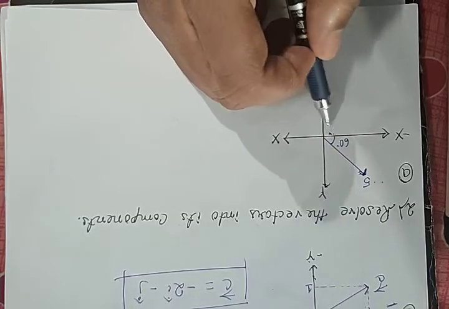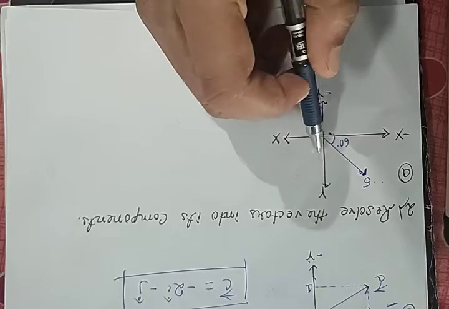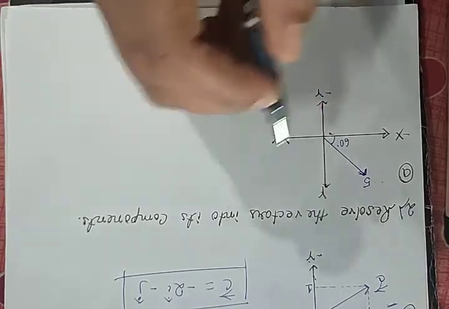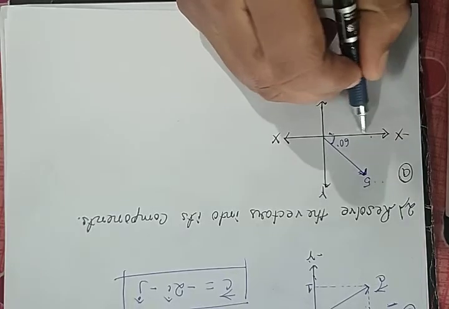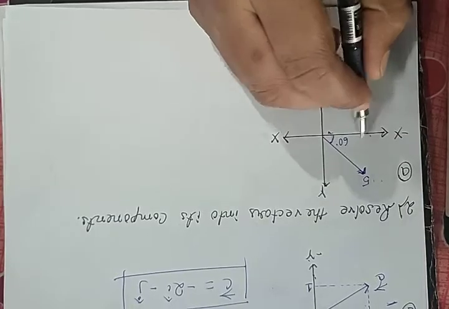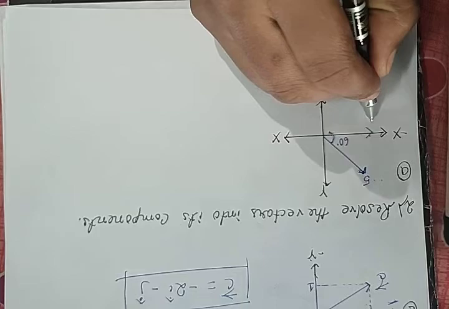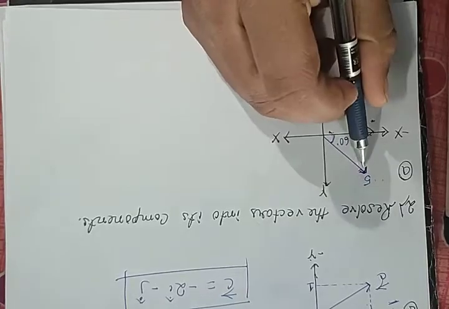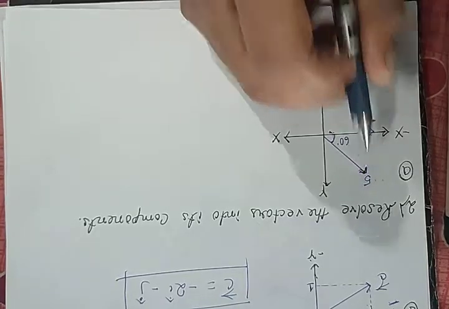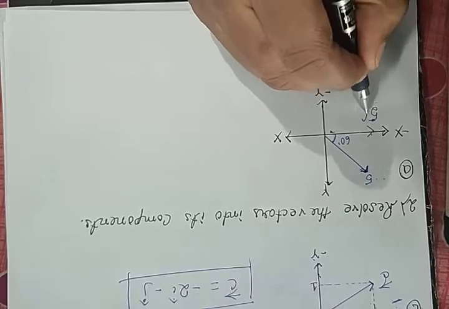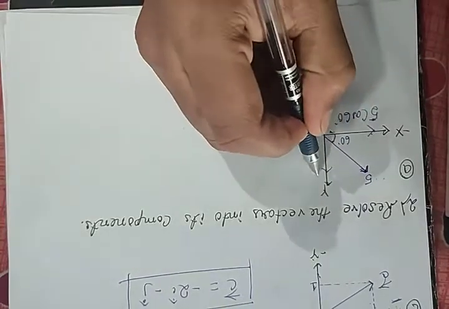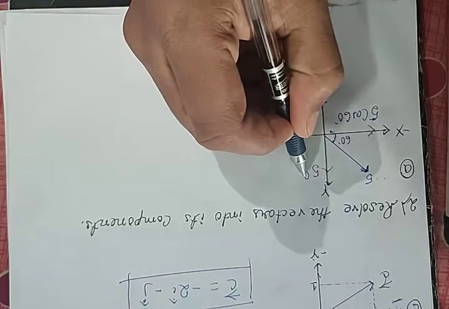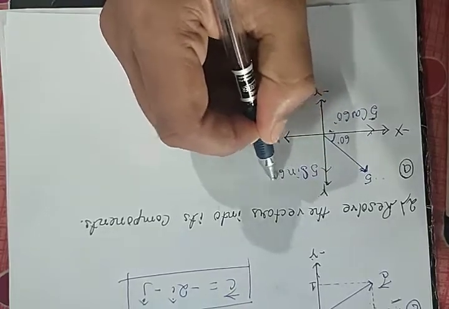Theta is with the negative axis, so this will be your 5. The value of the vector is 5. So 5 cos 60 degree, and this will be 5 sin 60 degree. Correct?